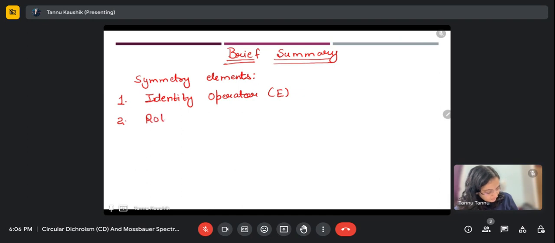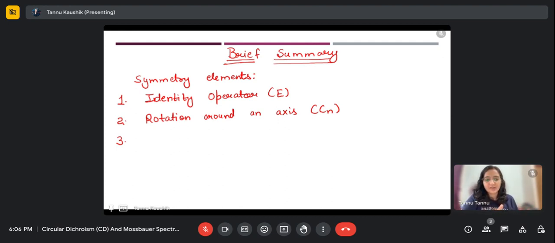Second is rotation around an axis. That is Cn operation, Cn symmetry element. So whether we are rotating a molecule around 60 degree, 120 degree, 180 degree, so this rotation around an axis we define based on that, n and theta.